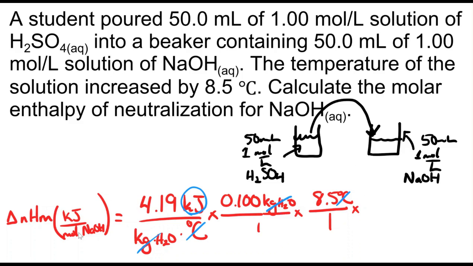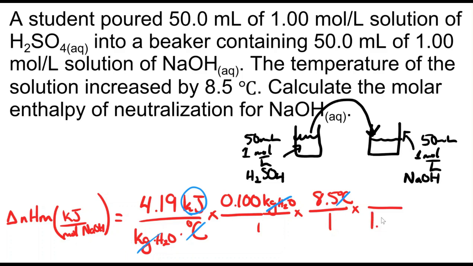The only thing we have to worry about is that we want per mole of sodium hydroxide. Do you know how many moles of sodium hydroxide are here? We know that in every 1 liter there's 1 mole. So where do we want to put our moles? On the bottom.